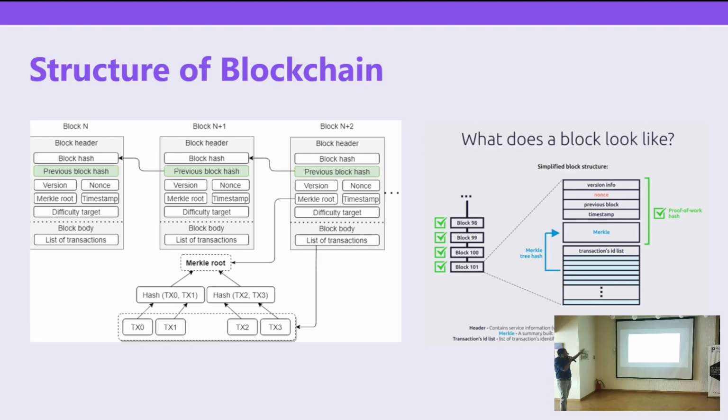In the header part you will have the hash, version, and all the versioning-related information. And in the body part you have the required transaction data. This is how the typical structure of a blockchain block looks.